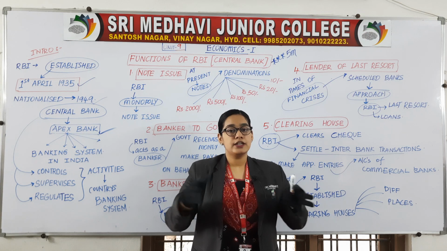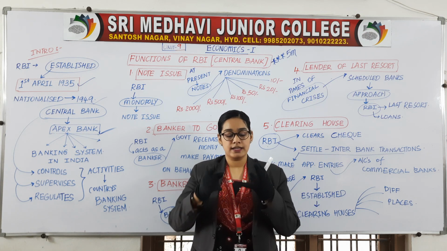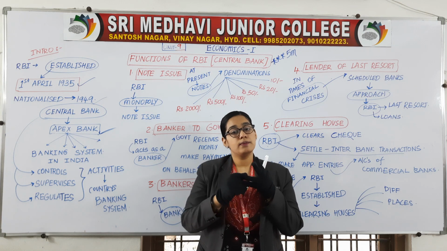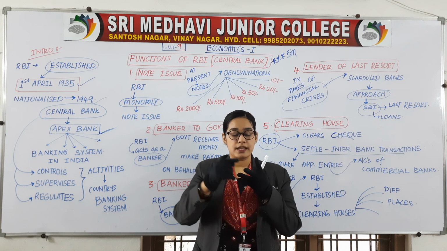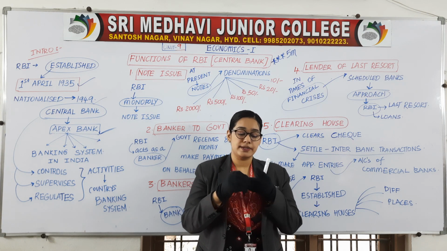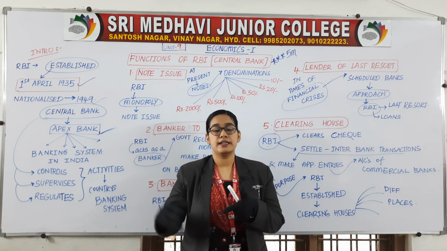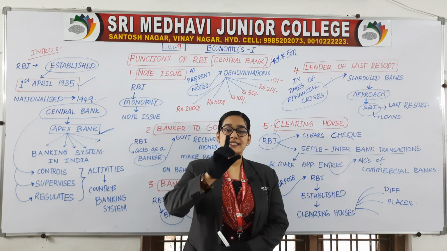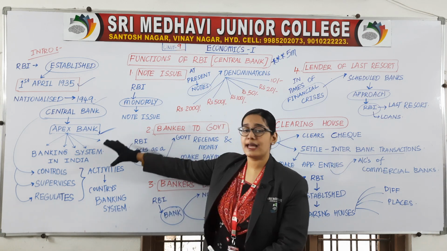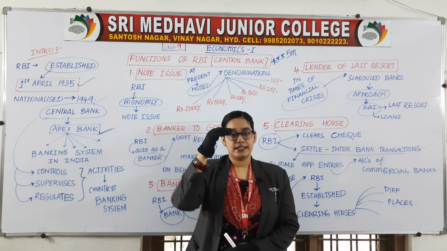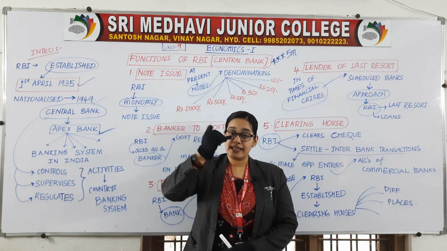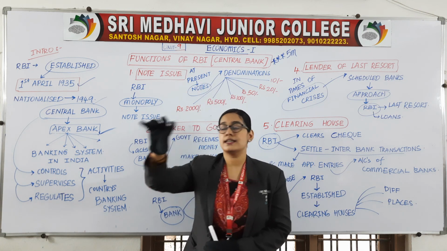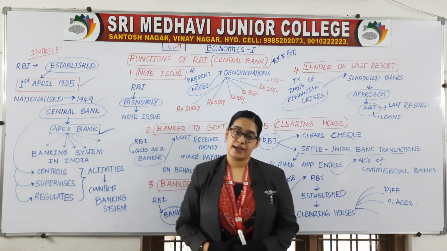For example, in your school you will have teachers, senior teachers, junior teachers, then a vice principal, then a principal, then the main director. So who is the person at the apex level? The director, then the principal, then the vice principal. The main person is what we call the apex.